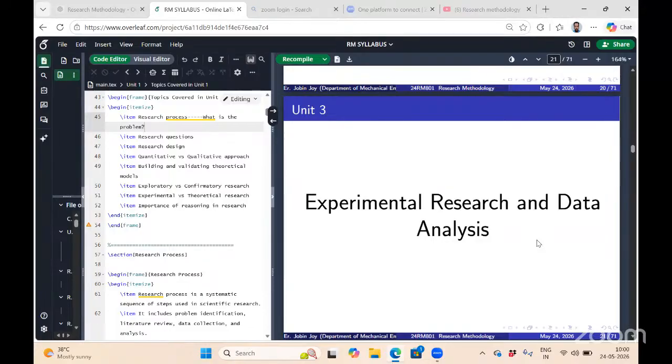So, experimental research means you will be conducting experiments inside a laboratory setting, right? If you conduct these experiments in a real world situation, that is what is called field experiments.